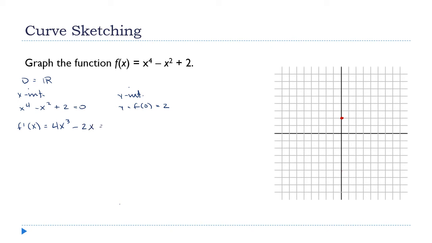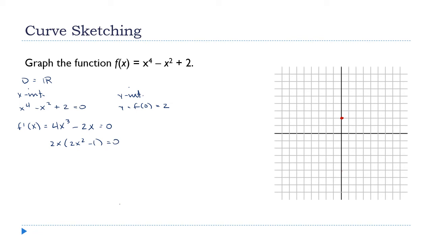That's the derivative. And to find the critical points, I'm going to set this equal to 0. All right, so let's see. I can factor this. Let's take out a 2x times 2x squared minus 1 equals 0.